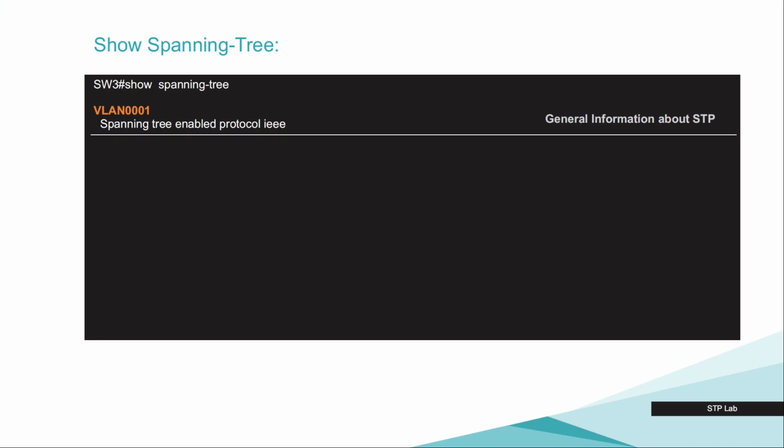The output of show spanning-tree is a little confusing, so let's understand the output. First, we have general information about the STP. The show spanning-tree command will show us the spanning tree that is running for VLAN 1. As we mentioned before, STP on Cisco switches blocks ports based on VLAN, so this information will be related to VLAN 1 only.